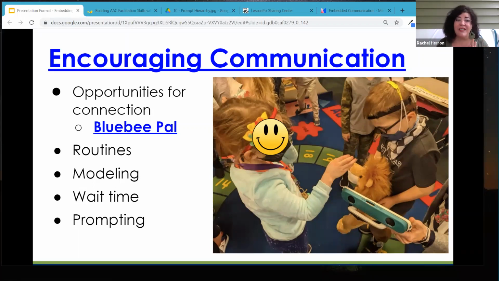Routines. Setting up routines, and we're going to talk more and more about this as we go, and Jen is going to cover some of the other topics, but having a routine in your classroom where it's predictable helps open up the door for more communication opportunities, because you know what's going to happen, so you know that things can be there. You could use that spinner, that we saw on another slide, to be able to push back into that information that's being presented, or just give opportunities for conversation.